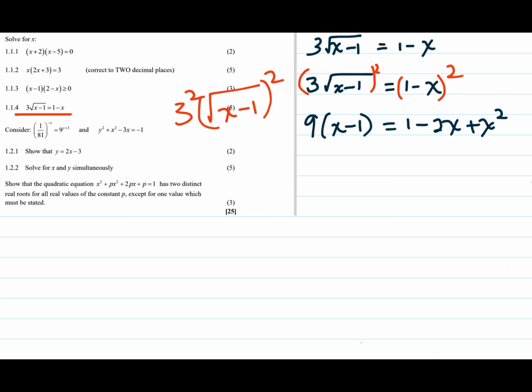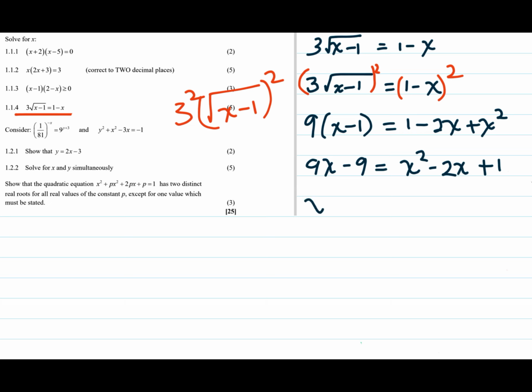Now let's multiply the brackets. We're going to have 9x minus 9 is equal to, let's rearrange this and start with x squared. So we'll have x squared minus 2x plus 1. Now let's take them all to one side of the equation.